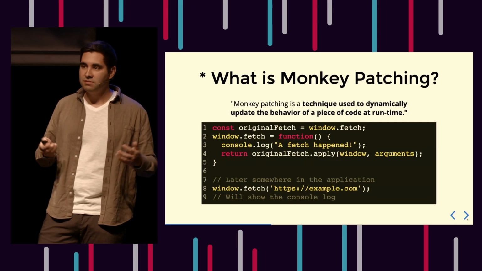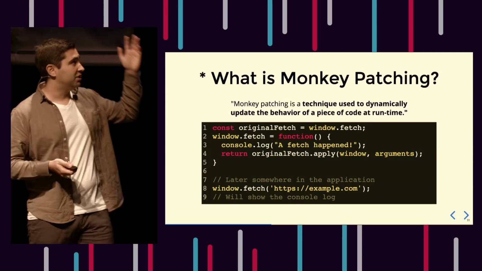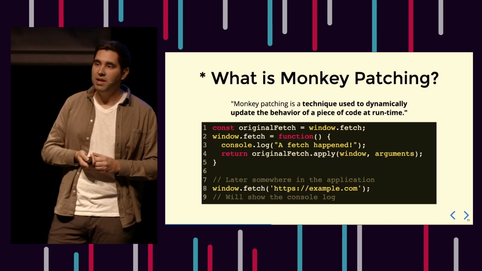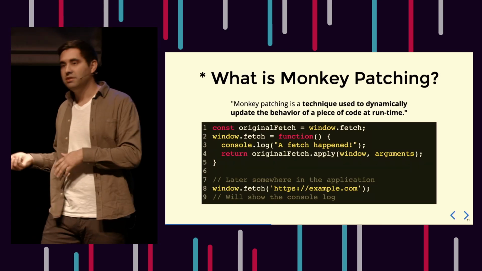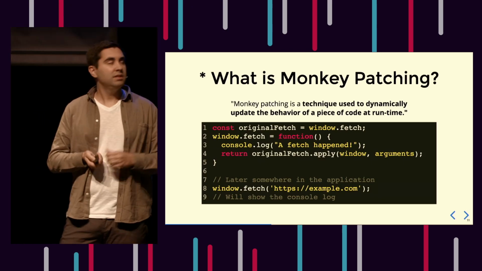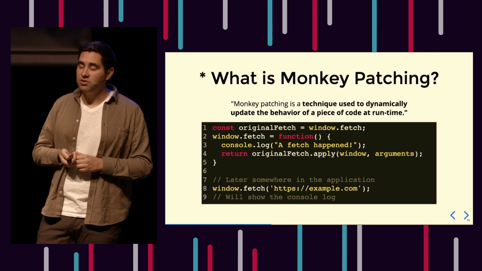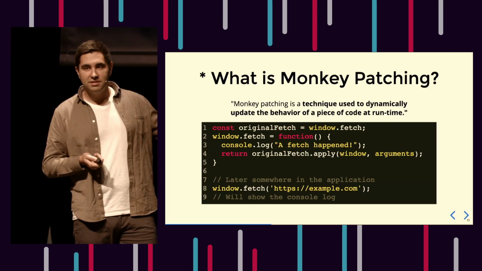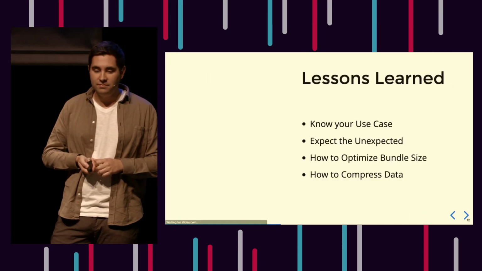Then inside of this, we can do something. In this case, we just log something. In reality, we would kind of capture this to Session Replay. And then we call the original function to ensure that the actual fetch request happens. And yeah, this is an approach that we use quite a lot. I will dive later into the dangers and downsides of this.